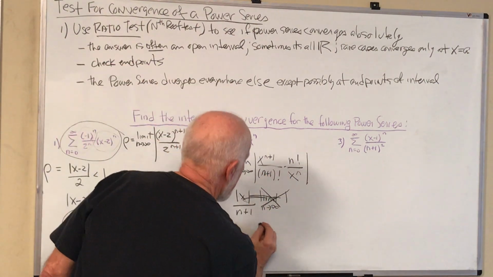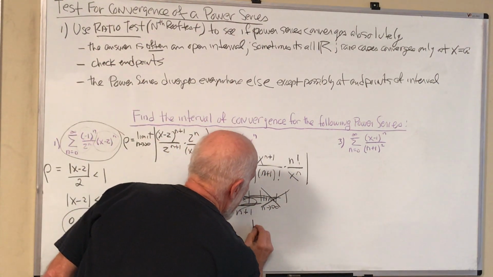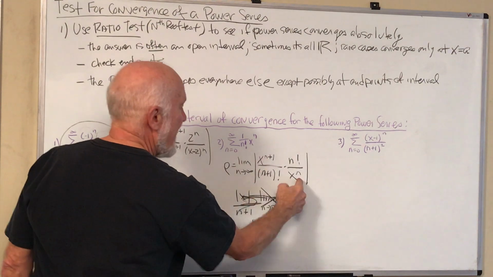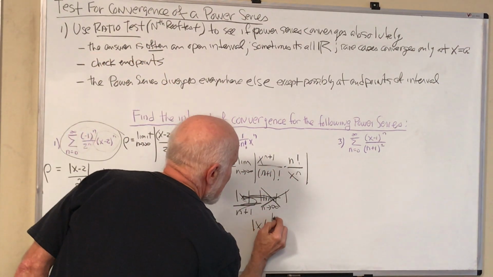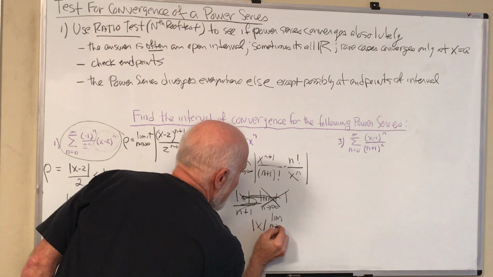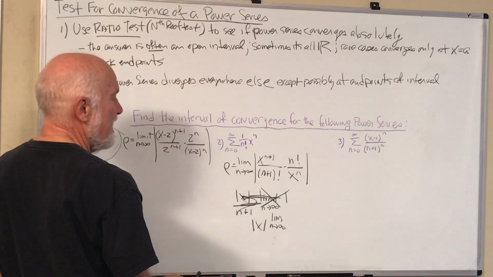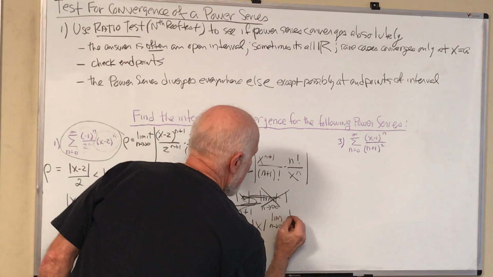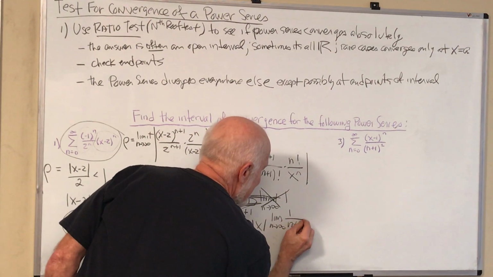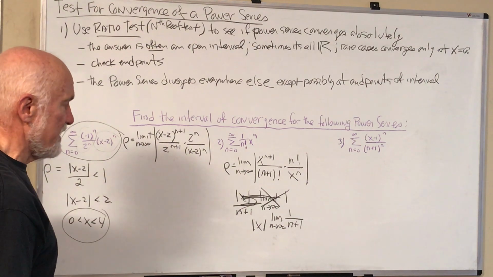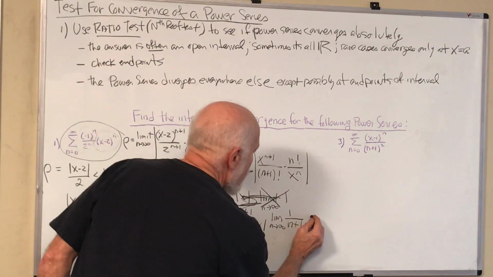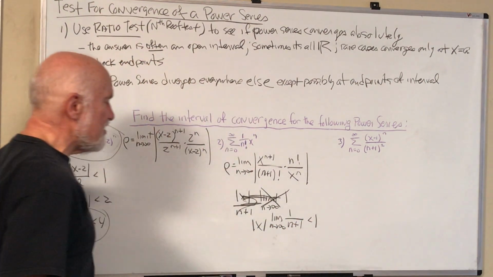On this one, we have this absolute value of x, and then since the limit does have to do with n, I still have 1 over n plus 1. I can't take that outside of the limit, and I don't really want to. So where does this rho turn out to be less than 1?